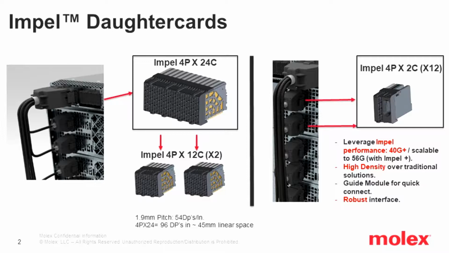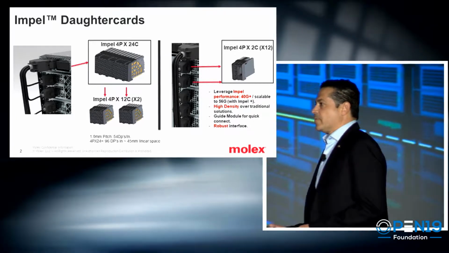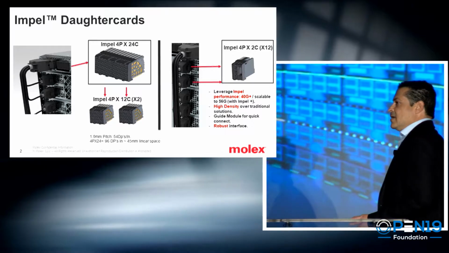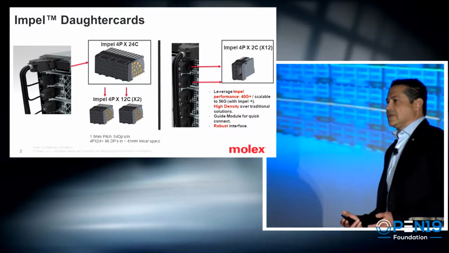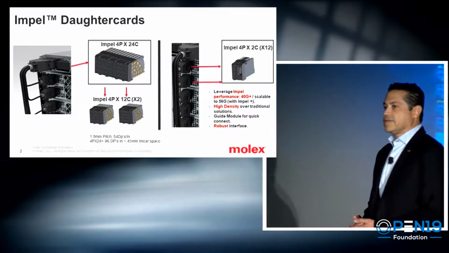Basically, it's a daughter card on the switch level that is going to be driving 4 pairs by 12 columns, driving 96 differential pairs. And on the server side, you're going to have a 4 pair by 2 columns, driving 8 differential pairs.